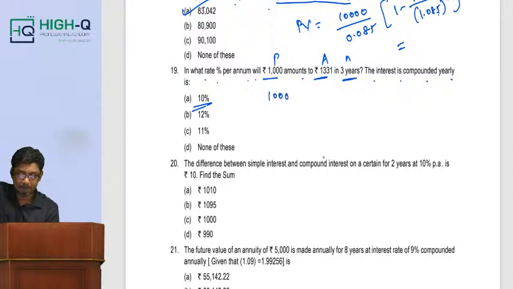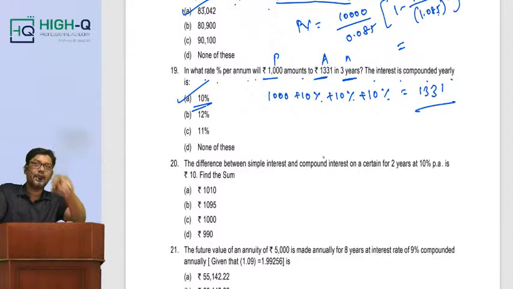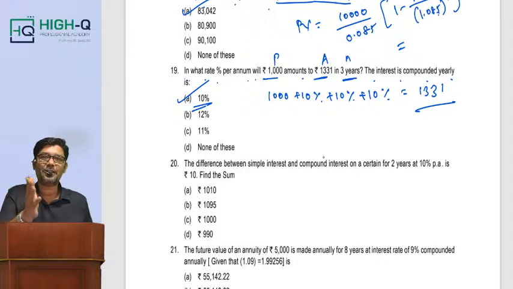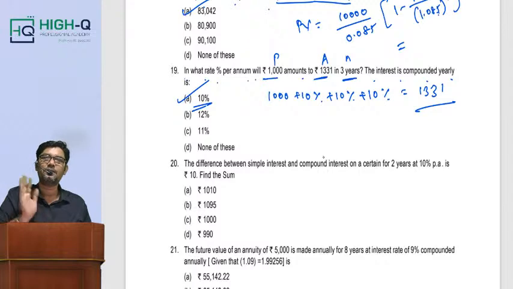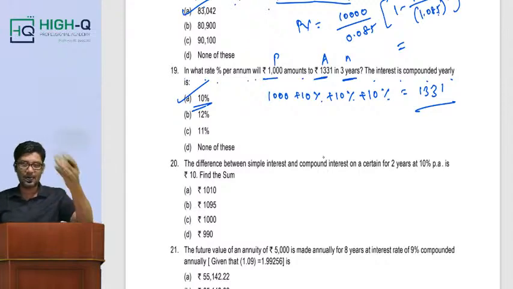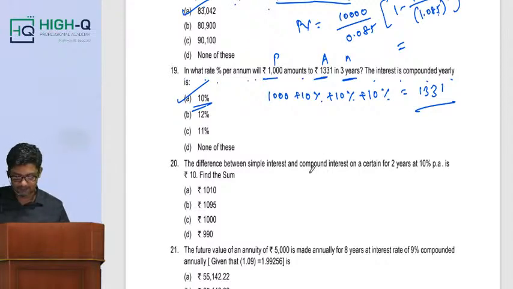So 1,000 plus 10% plus 10% plus 10%. If I get 1331, this is my answer. I will get 1331 because 1,000 compound interest gives 1100, 1210, 1331. It's 11 to the power of 3. So 10% is the answer.